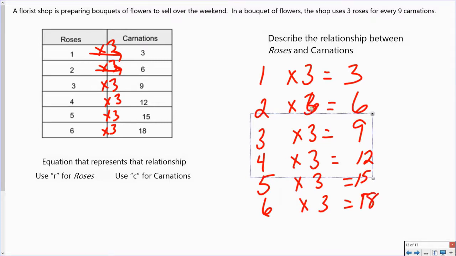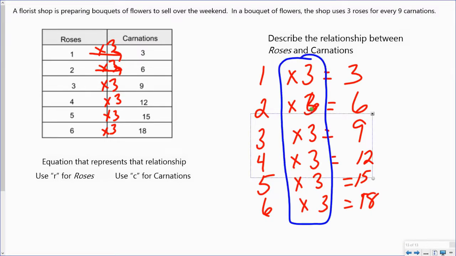So my relationship here, when I take a look at these, is each time I am multiplying by 3. So I'm taking my number of roses, I am multiplying by 3, and I am getting my number of carnations.